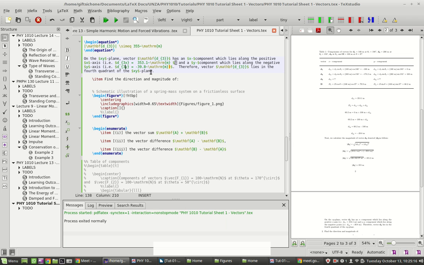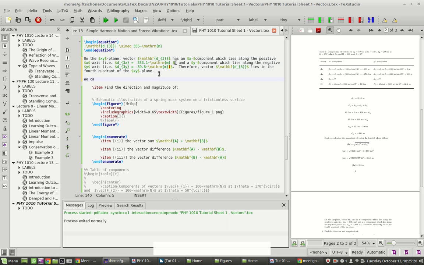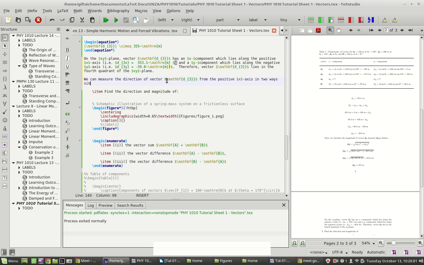So in this case, next we can measure the direction of vector D3 from the positive x-axis in two ways, since it lies in the fourth quadrant.